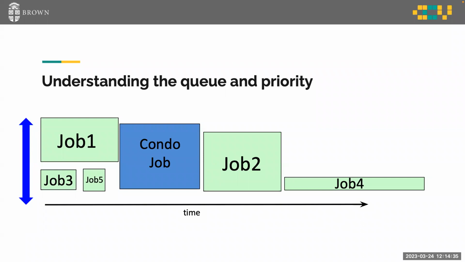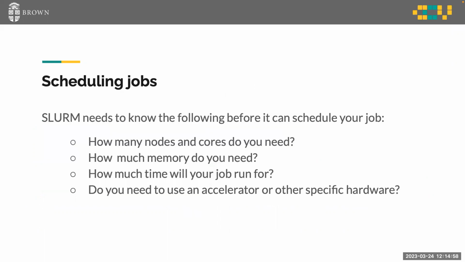So if you submit 100 jobs and then somebody else submits a job, that person who hasn't had those 100 jobs sitting there in the queue is going to have a higher priority. So you don't get to monopolize the whole queue. There's a very complex algorithm that goes into figuring all this out. And when we've asked the Slurm engineers about it, they just kind of say, yeah, you don't want to go into the details of that. Trust us, it works.